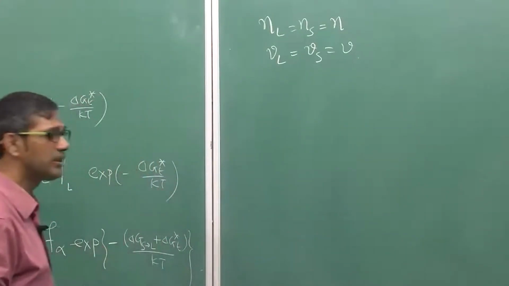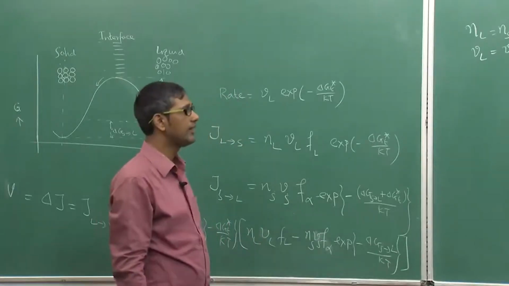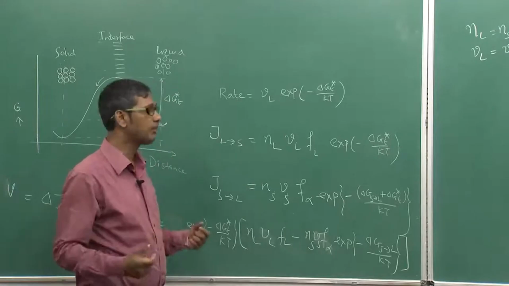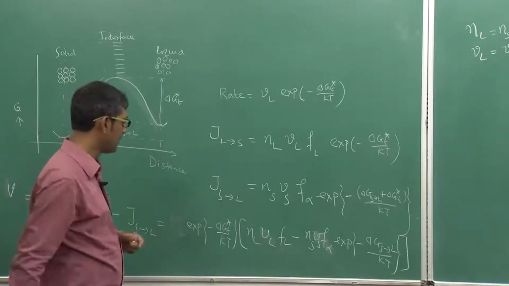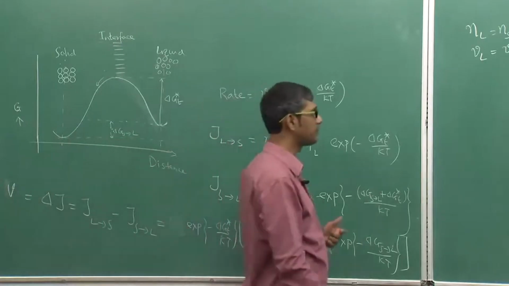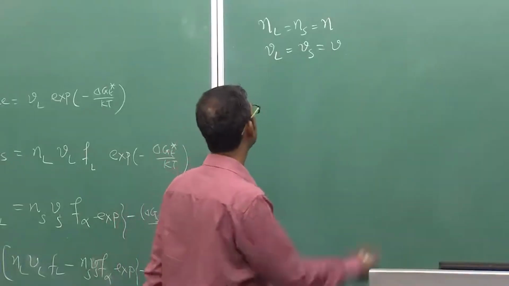Second, if I have a diffuse interface, the one which I just now discussed, a diffuse interface will have a large number of sites in which atoms can easily go and sit. So therefore, in a diffuse interface, the F alpha will be quite large.